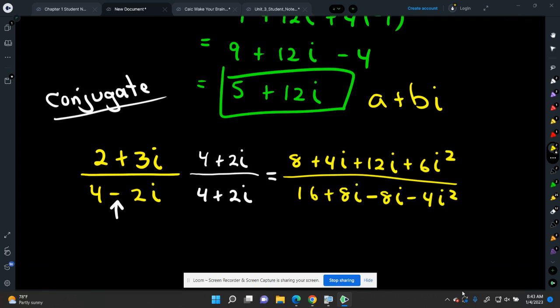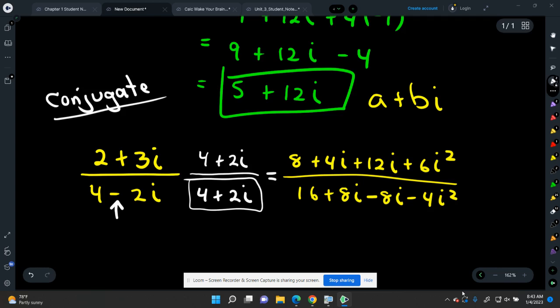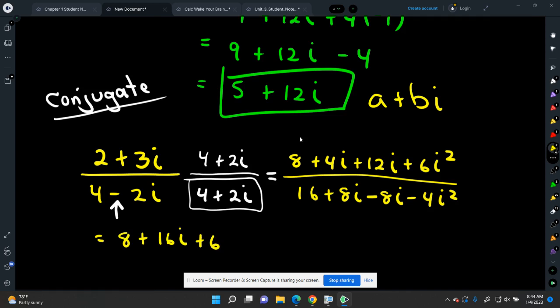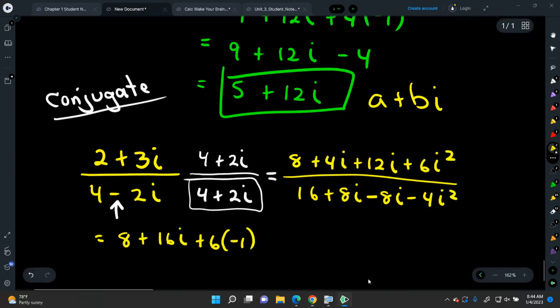Okay, so I multiplied by the conjugate, right? This is the conjugate right here. But we have to do that on the top and the bottom. Now let's see what simplifying we can do. So we get 8 plus 16i plus 6. Instead of i squared, what am I going to put there? Negative 1. Okay. Over 16.